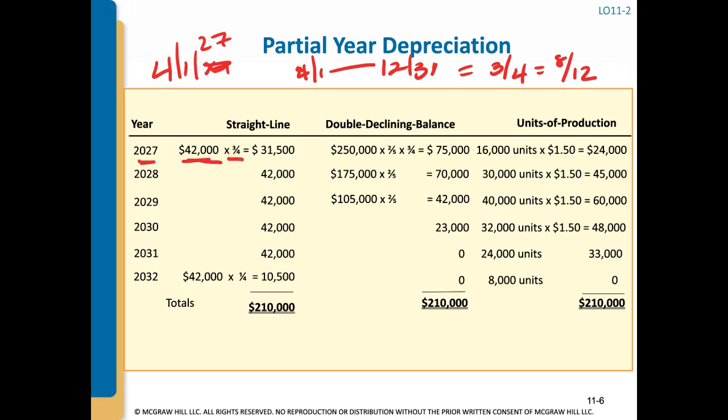So you multiply by 3/4, and under straight line, you get depreciation expense of $31,500 in 2027.